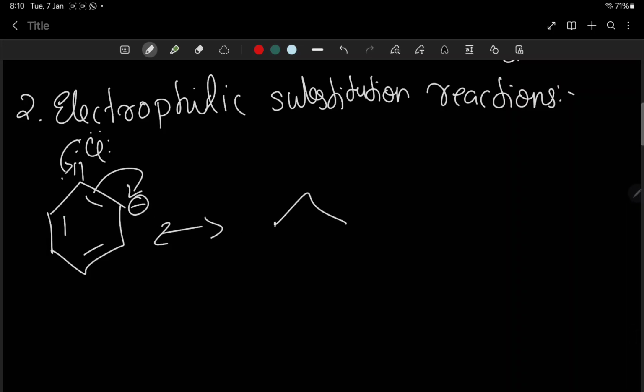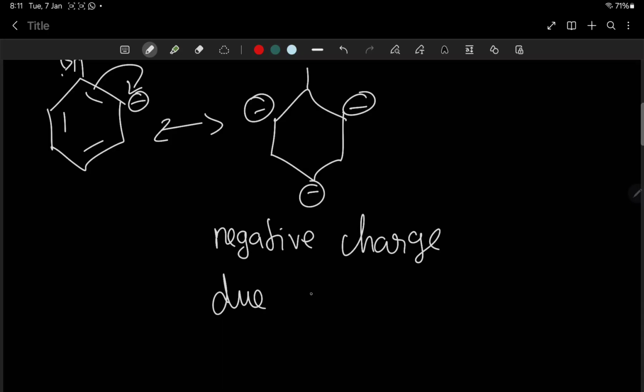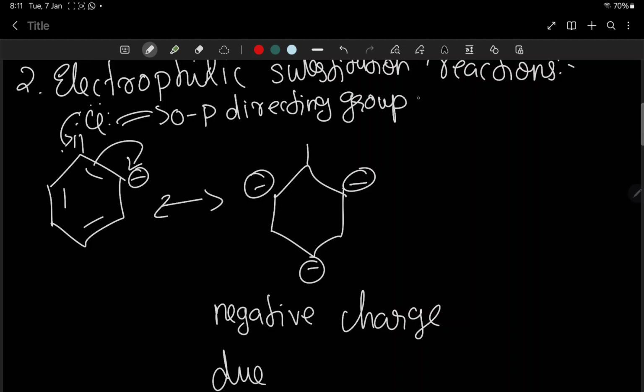If we look at the resonance structures, there are negative charges at the ortho, meta and para positions respectively, due to resonance. So this chlorine is an ortho-para directing group, although it is deactivating due to the minus I effect. It is a deactivating group.